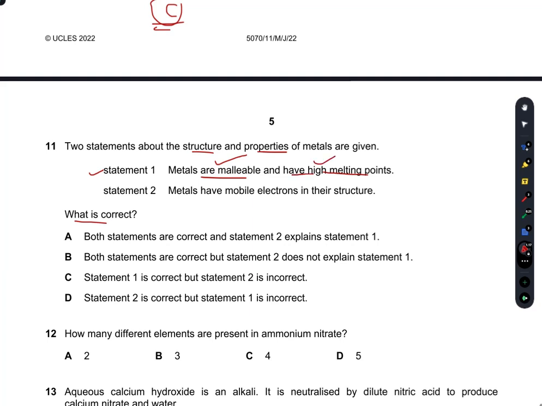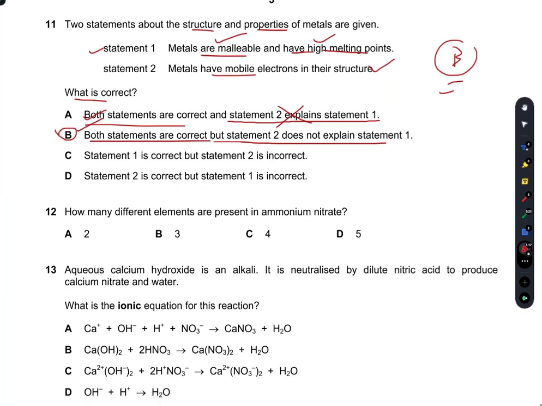Metals have mobile electrons in their structure, this is also true. Both statements are correct, yes they are, and statement 2 explains statement 1. No, malleability is due to the layers of positive ions, so statement 2 does not explain statement 1. So that means B is going to be our right option.